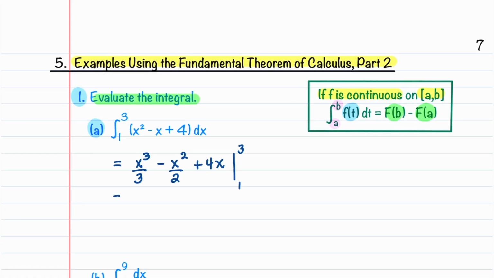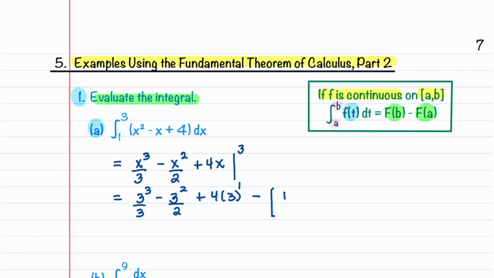What we do first is we let x be equal to 3, so this is 3 cubed over 3 minus 3 squared over 2 plus 4 times 3, minus doing the same thing, but letting now x be equal to 1.